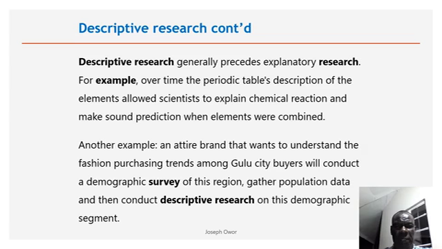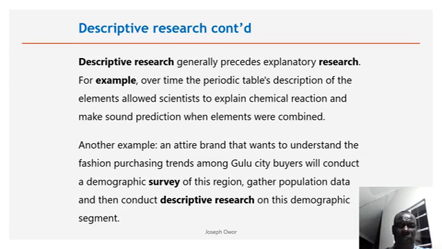And at that point, they were only able to describe the table. But over time, after describing the table and the elements in the table, later on, scientists were able to explain the chemical reaction, and then they were able to make sound prediction. When two elements are combined, what happens? The description is the stepping stone eventually for explanation.